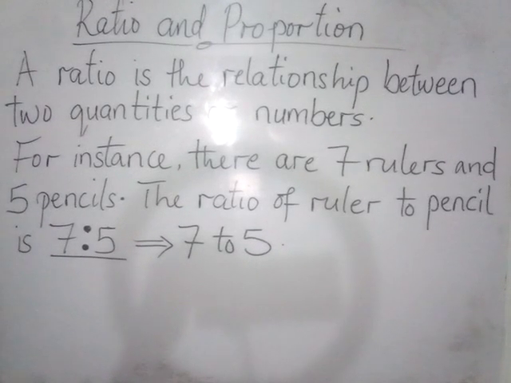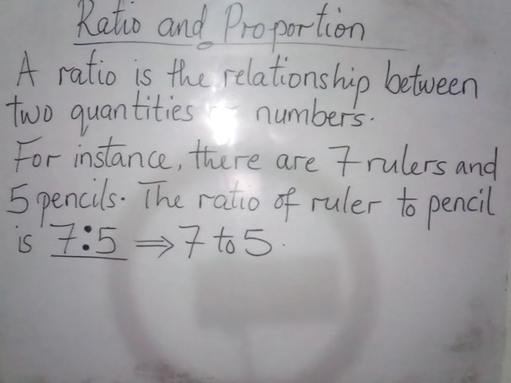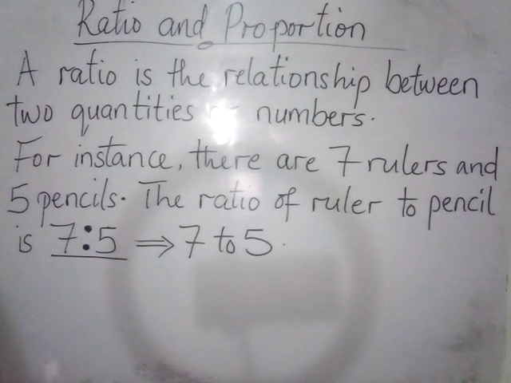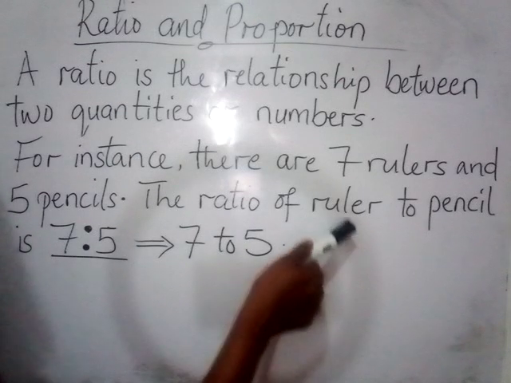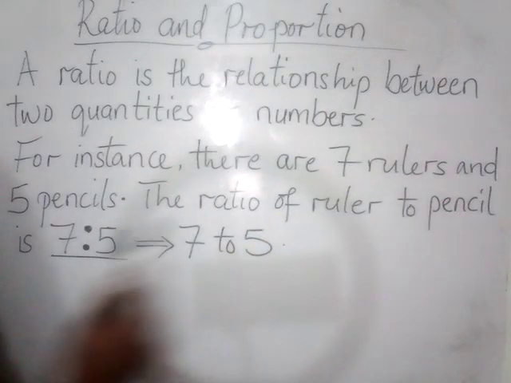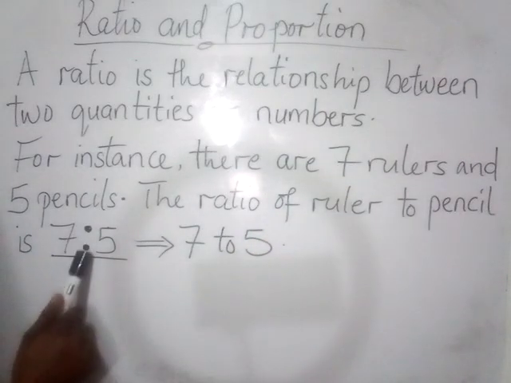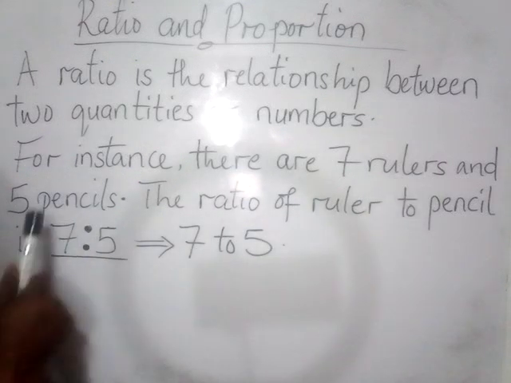Okay, so ratio means the relationship that exists between two things. For instance, you have 7 rulers and 5 pencils. If you want to express them in ratio form, you will say that the ratio of ruler to pencil is 7, because there are 7 rulers, 7 to, see the colon, 7 to 5.